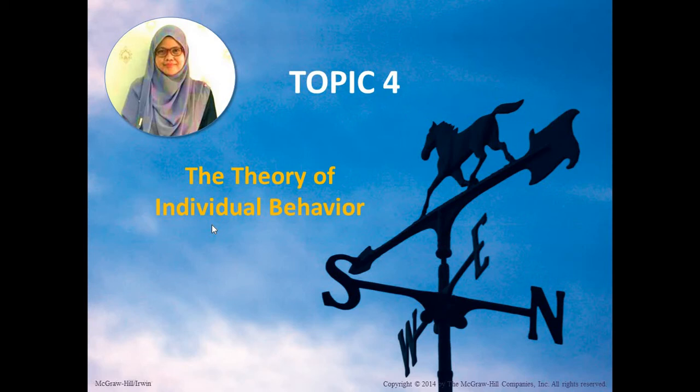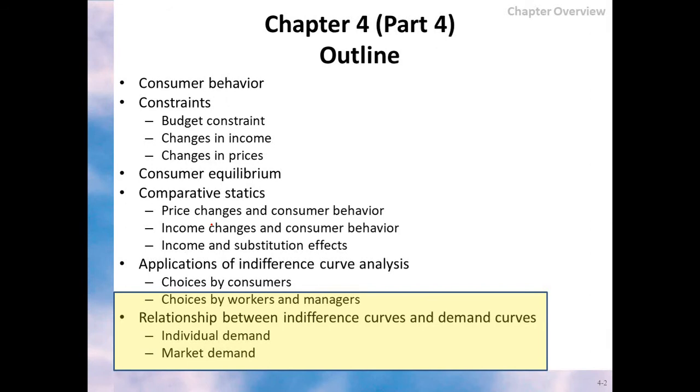We meet again in topic 4, the theory of individual behavior. This time we are already in part 4, the last part. We have covered parts 1 to 3 on consumer behavior, the budget line, the consumer equilibrium, and also the applications of indifference curve analysis, choices by consumers.